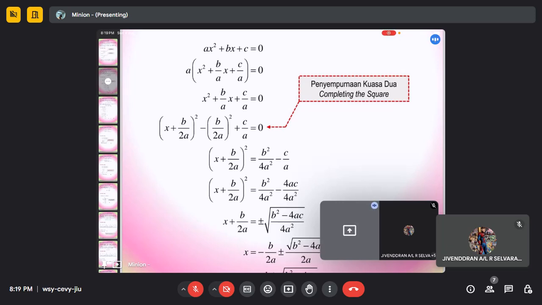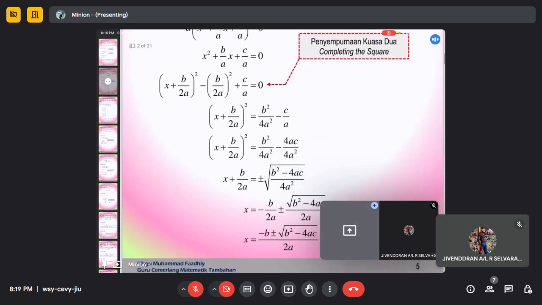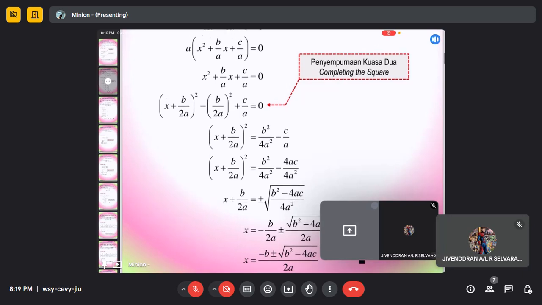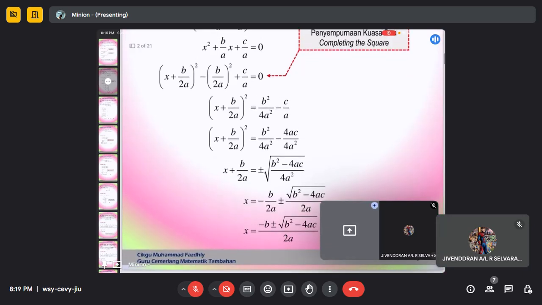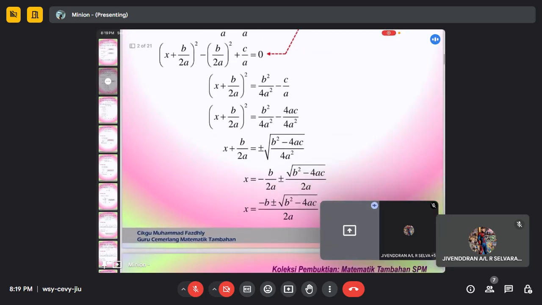So (x plus b over 2a) squared minus (b over 2a) squared plus c over a equals 0. I'm sure you guys know the completing the square method, right? This part is very important because you'll be getting the marks.